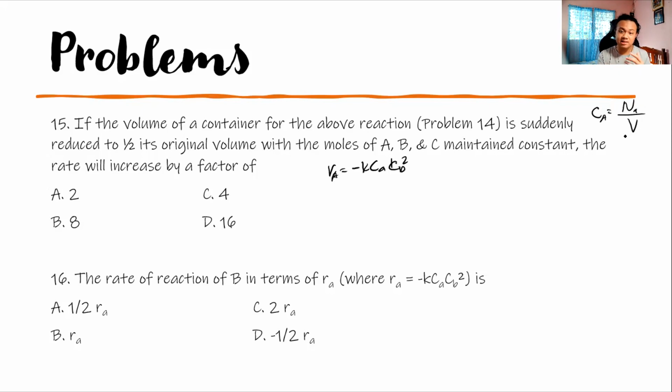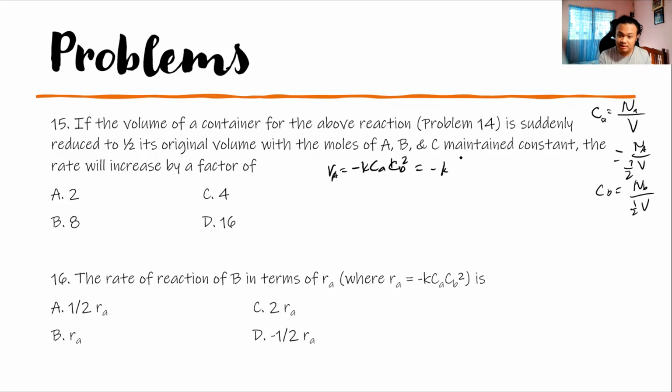We are told that V is reduced to 1/2, so the volume becomes 1/2 now. Also C_B, because they are in the same container, so the volume is the same, 1/2 V.